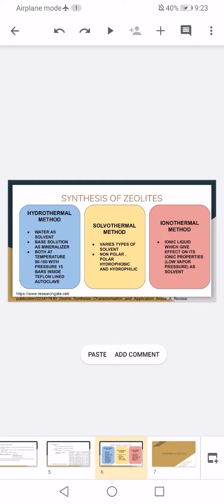The reactants usually react in a temperature range of 90 to 180 Celsius with a pressure of 15 bar inside the Teflon-lined autoclave. This method will produce an optimum zeolite production.